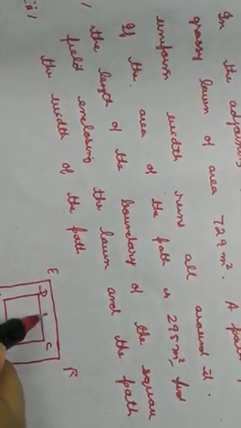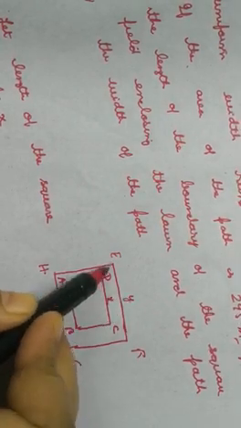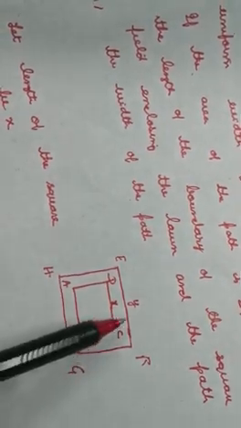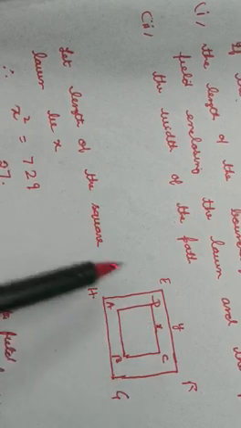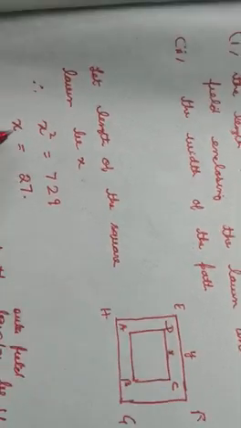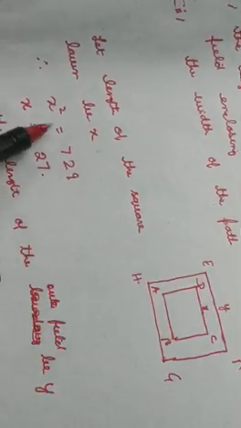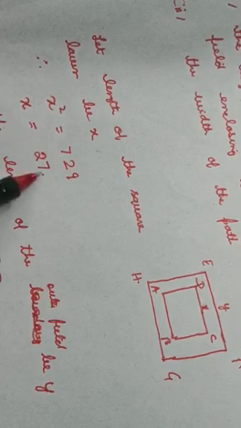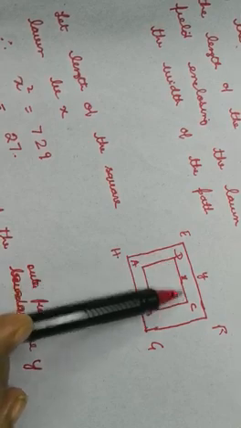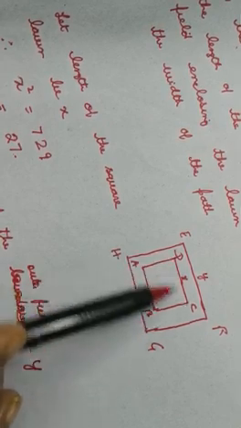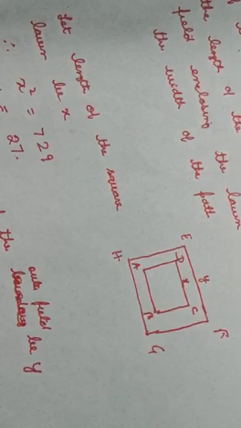Let the length of the square lawn be x. So x square is equal to 729, the area of the inner one. 729 is the square of 27. So the length of this square lawn is going to be 27, obviously 27 on all sides.